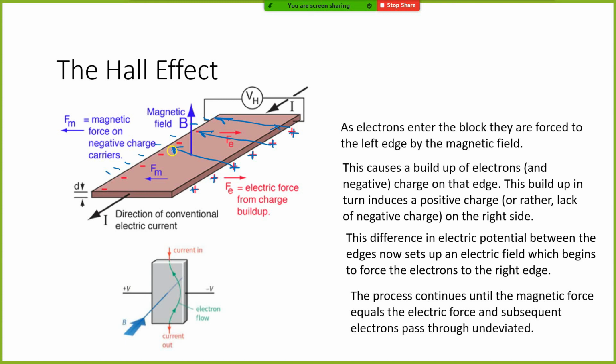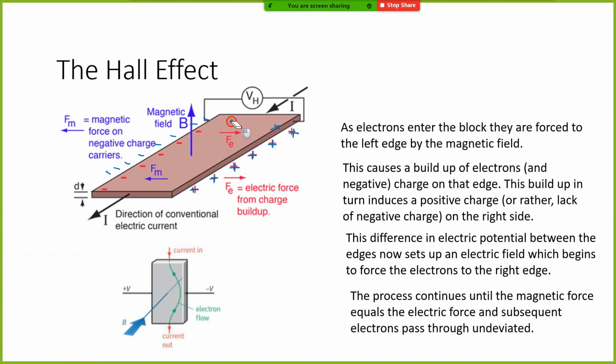It's going to change the electric field up to a point where the electric force on the electron is going to be equal to the force that the magnetic field actually has. Because what you're going to see, let me show you.